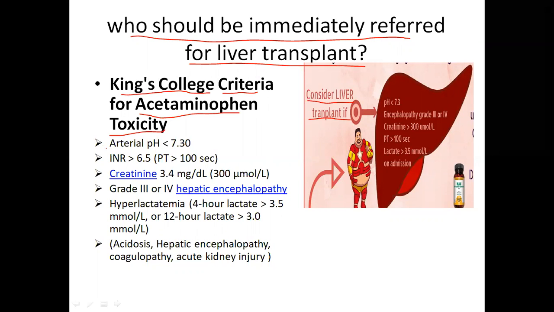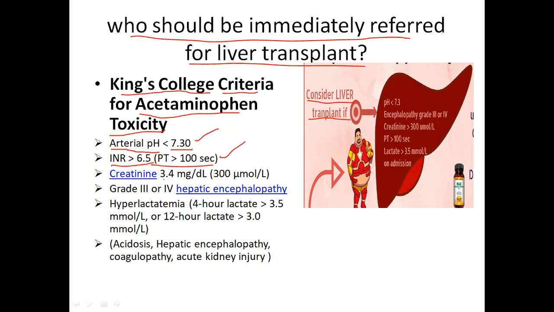What is the criteria? If the arterial pH is acidic, less than 7.3. If the INR, which is for clotting, international normalized ratio, is more than 6.5, then again it indicates that liver transplant should be considered.